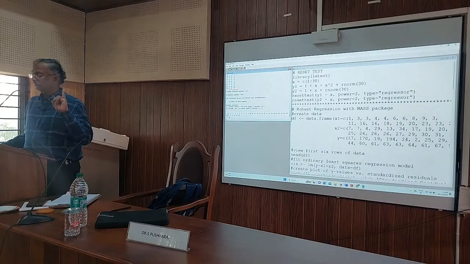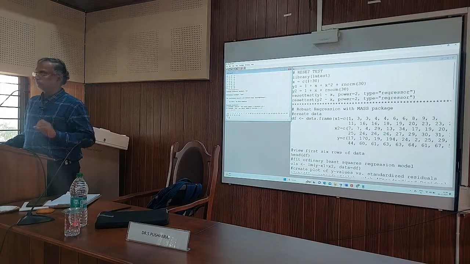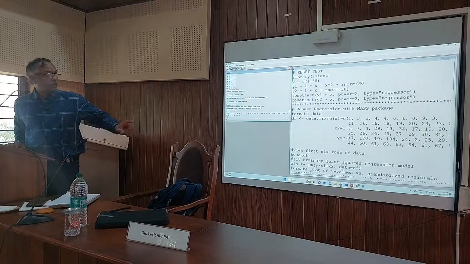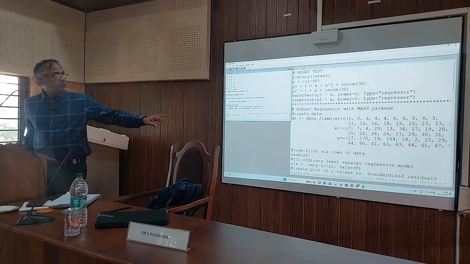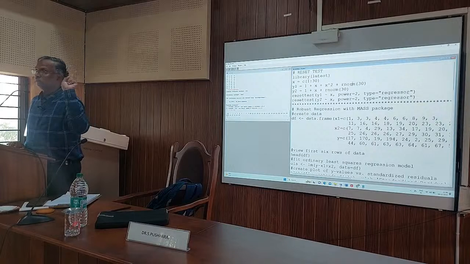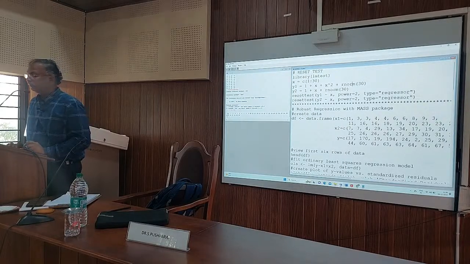One is y1, the other one is y2, right? With some 30 random numbers. So we are generating two variables from x, right? So this is created.